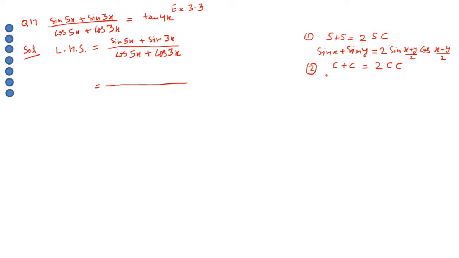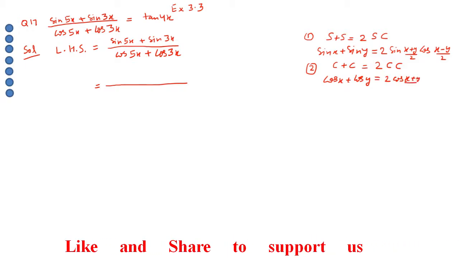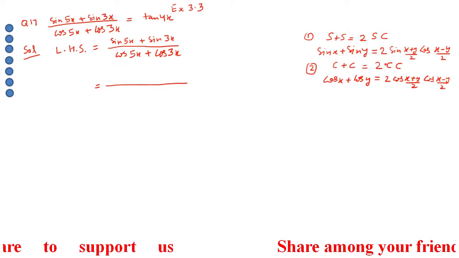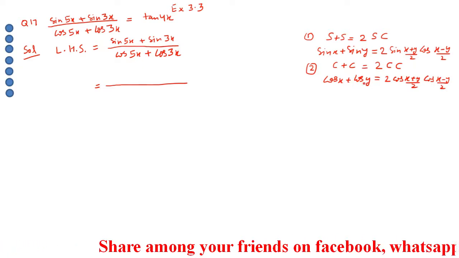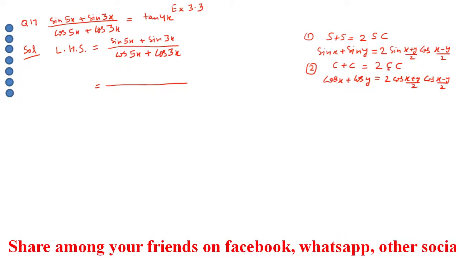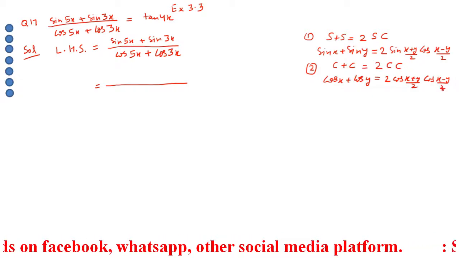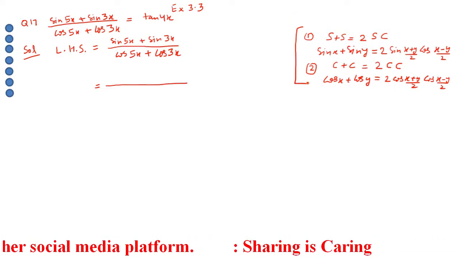The meaning of this formula is cos x plus cos y is equal to 2 cos sum of angle divided by 2, then cos difference of angles divided by 2. Wherever cc is there, fill it by cos. So these two formulas we are going to use in this question.